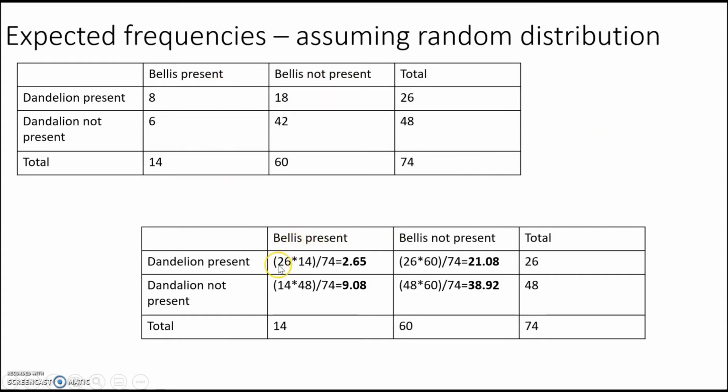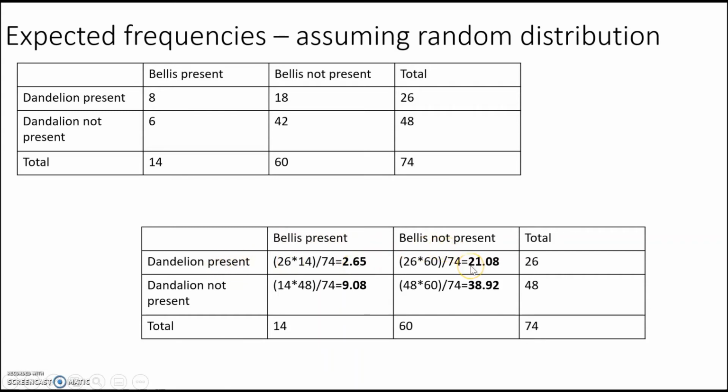In this cell up here, I take the total number of quadrats with dandelion present, and I multiply that by the total number of quadrats with bellis present, and I divide by the total number of quadrats that I have tossed. And I end up getting an expected frequency of 2.65 for this outcome, bellis present and dandelion present.